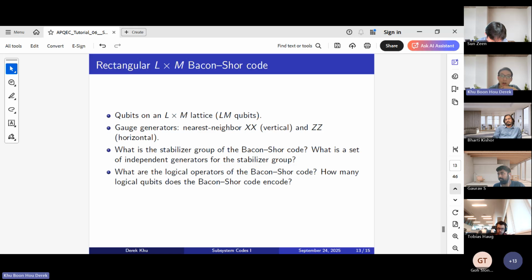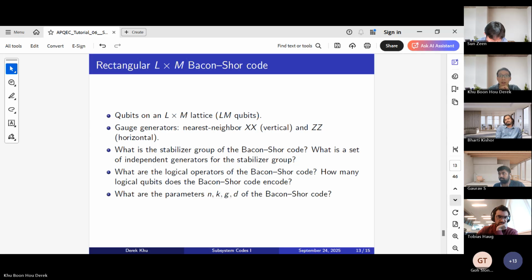And then what are the logical operators of the Bacon-Shor code? The logical operators are the ones in the normalizer of the gauge group, right? And how many logical qubits does the Bacon-Shor code encode? And finally, what are the parameters n, k, g, and d of the Bacon-Shor code?